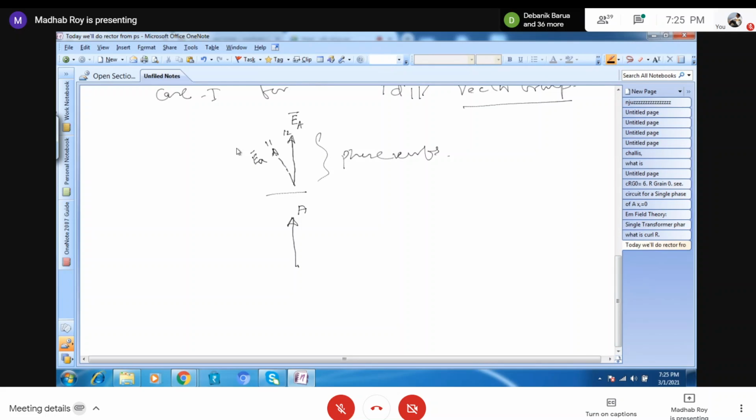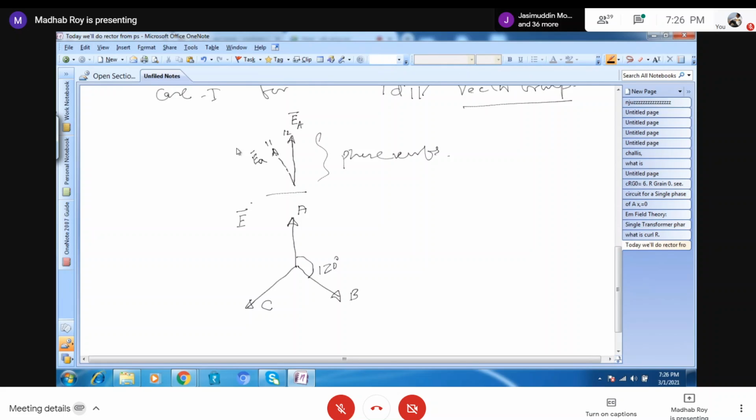So the B phase will be 120-degree lagging to that, then it will be C phase. So that's the three phase, and that's our EMF. So all are E. I have not written E for all, but it is E.